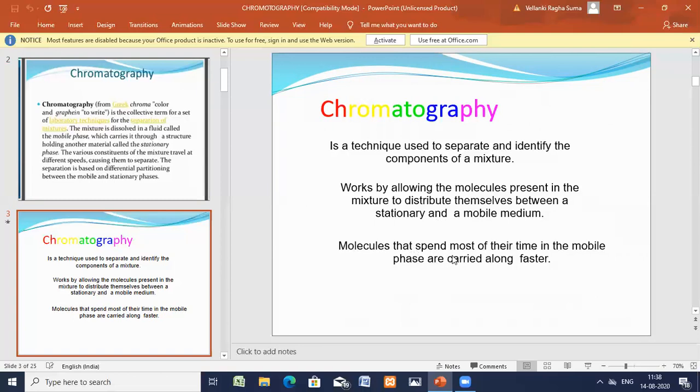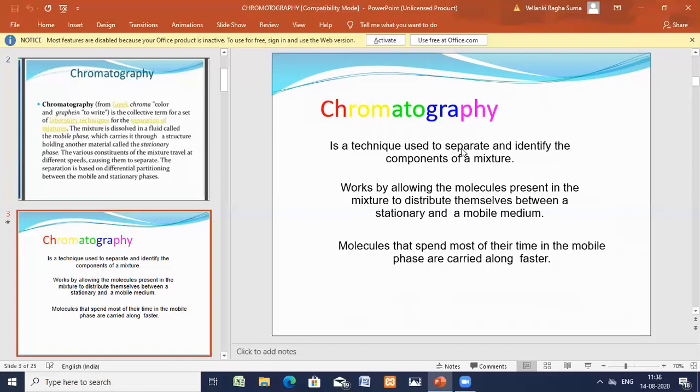Molecules that spend most of their time in the mobile phase are carried along faster. They are swept out first. In this way, by their mobility, we separate the mixtures.